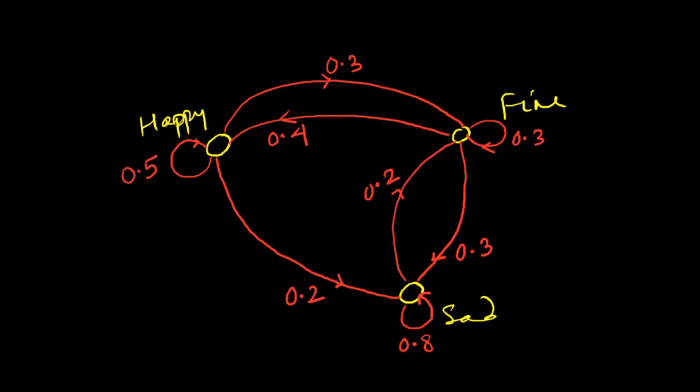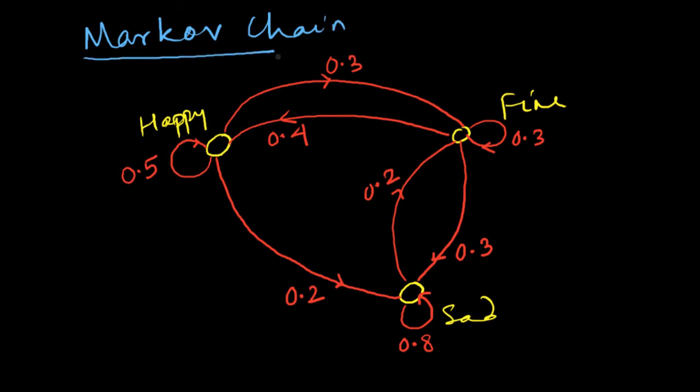This is an example of a system with transition between different states of the system, and this is what is called a Markov chain. So the Markov property essentially means that your future state depends only on the present state, and it doesn't matter what state you were in the past. So for example, if you are fine, you will transition to these various states with various probabilities, but those probabilities do not depend in any way on what your previous state was.